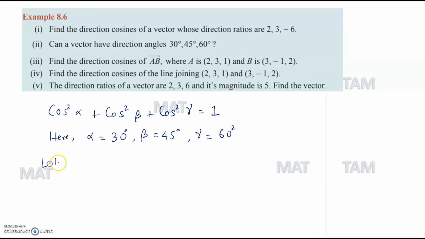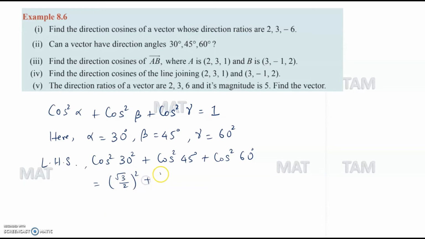So if we take the left hand side, cos squared of 30 degrees plus cos squared of 45 degrees plus cos squared of 60 degrees, that would be equal to root 3 by 2 squared plus 1 by root 2 squared plus 1 by 2 squared, and that's equal to 3 by 4 plus 1 by 2 plus 1 by 4.